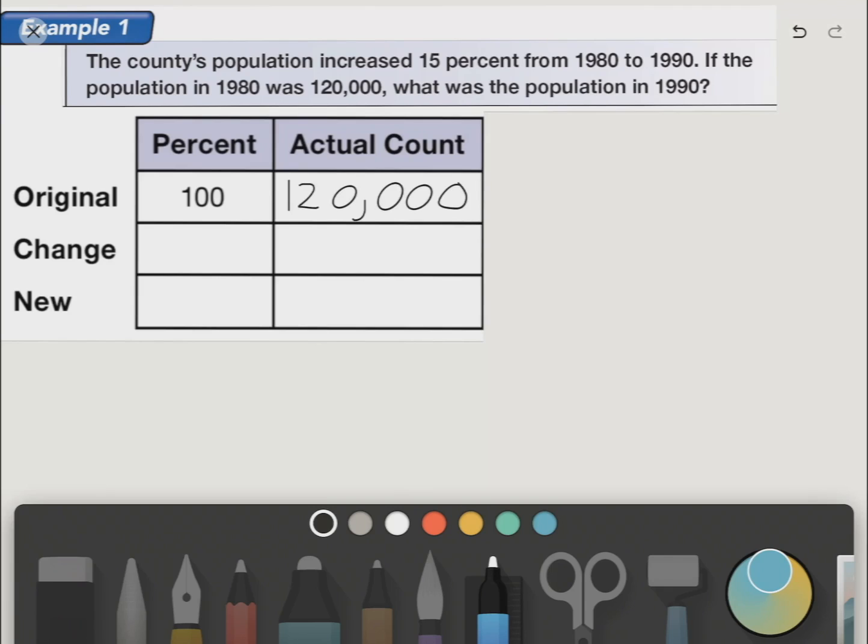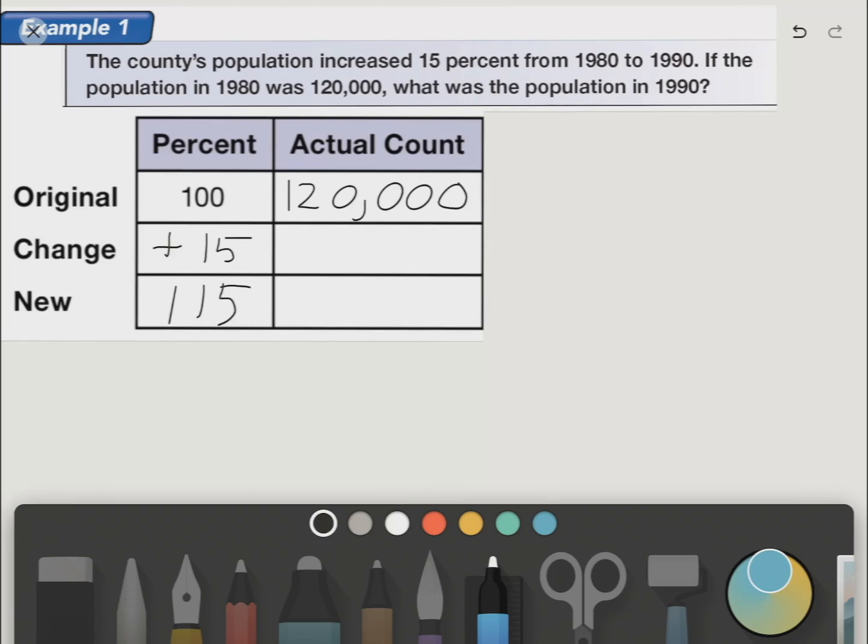We know the change was an increase of 15%. So another thing that we know is that the new percentage will be 115% of the original.